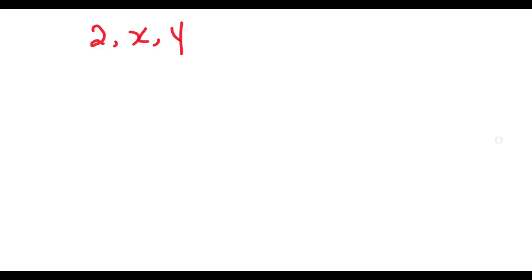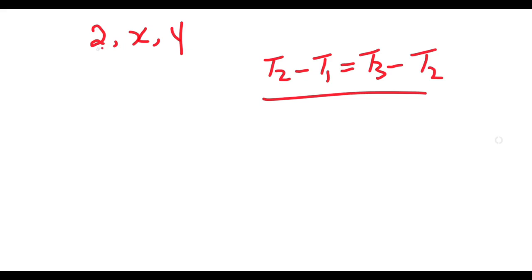2, x, y. Now, must remember AP arithmetic progression, the common difference is constant. So which means term 2 minus term 1 is equal to term 3 minus term 2. So we're going to use this concept. This is term 1, term 2, term 3.